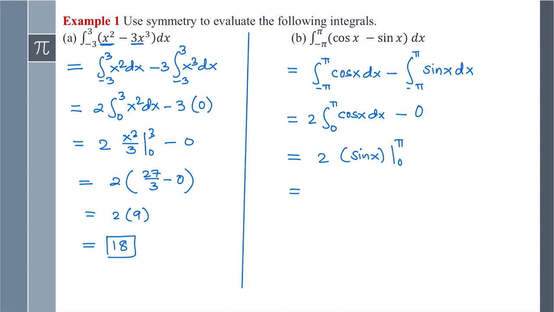So this equals 2 times sine of pi minus sine of 0. Sine of pi is 0, and sine of 0 is 0. So we are going to get 0.